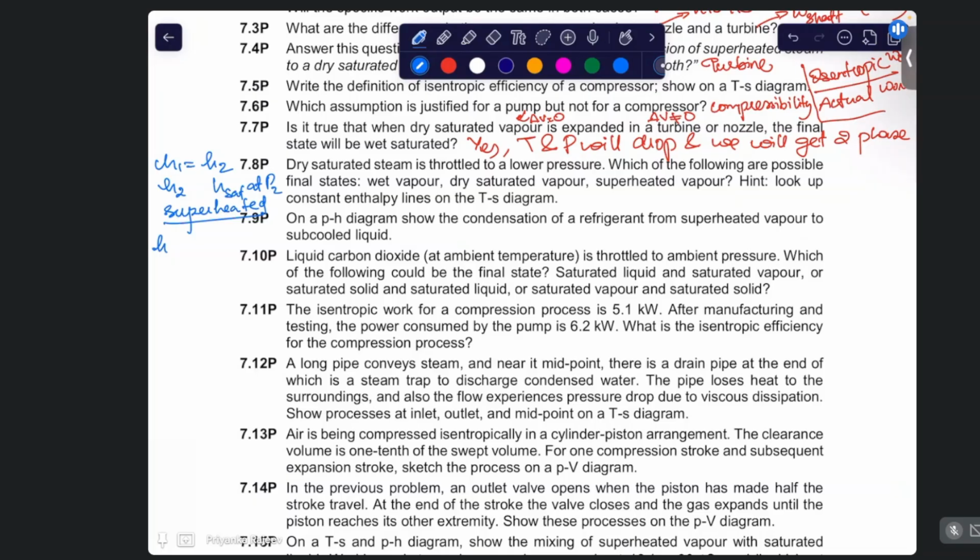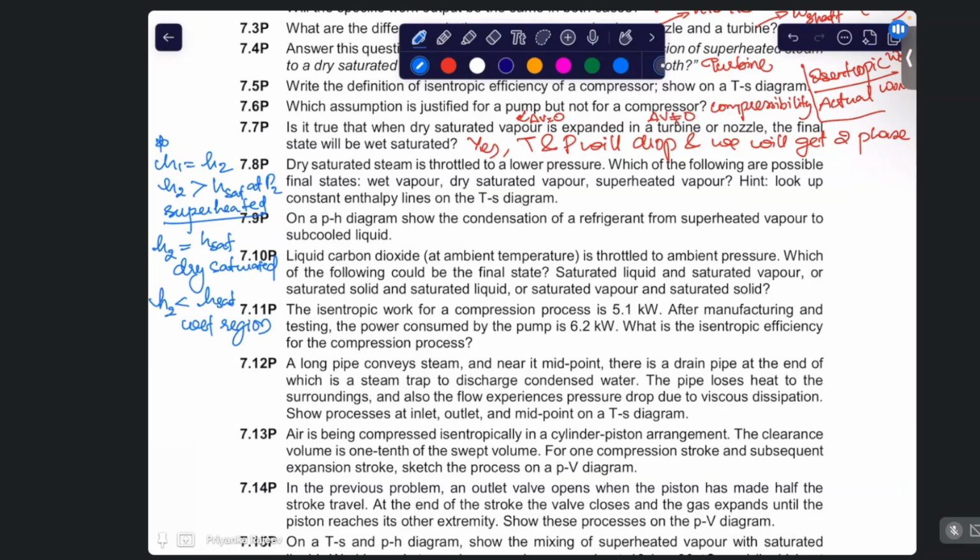If H1 is above saturated enthalpy of the final pressure, that will be superheated. So H2 greater than H saturated. Then H2 equal to H saturated at final pressure, then we will be having dry saturated. And then H2 less than H saturated, we will be getting the wet region. Okay. So very important question.